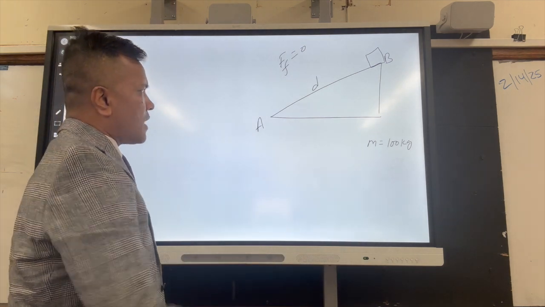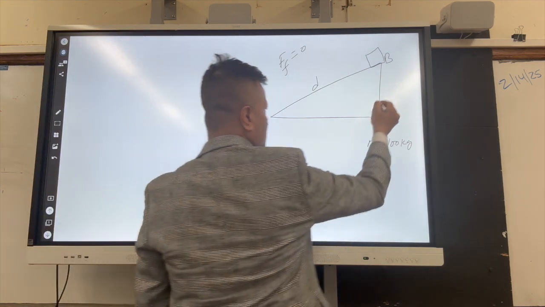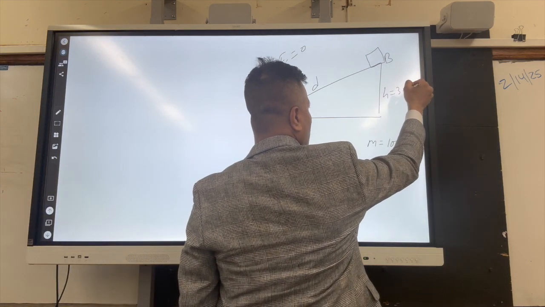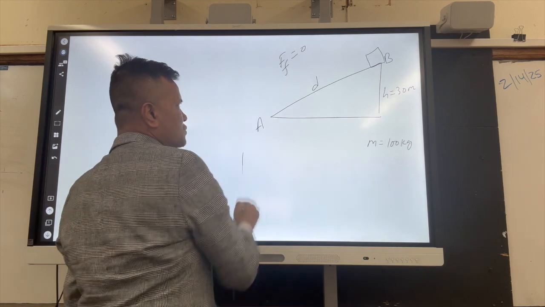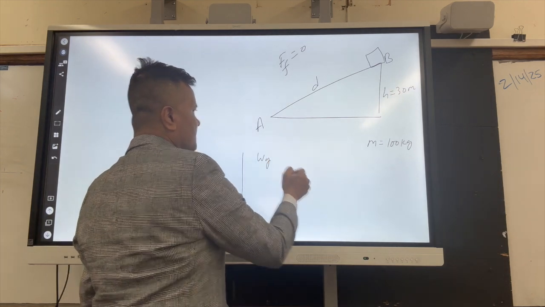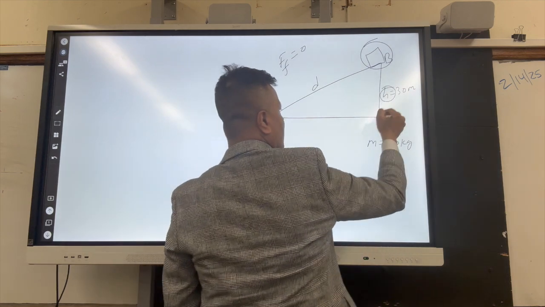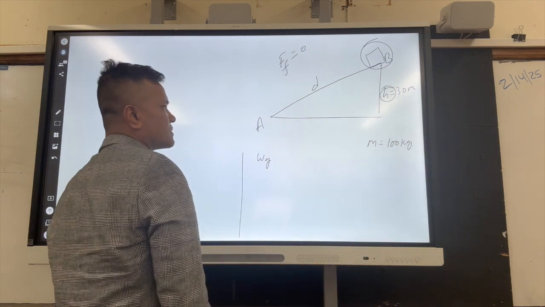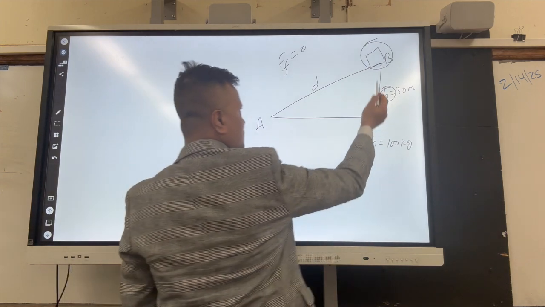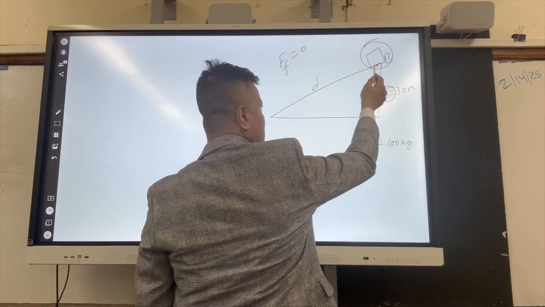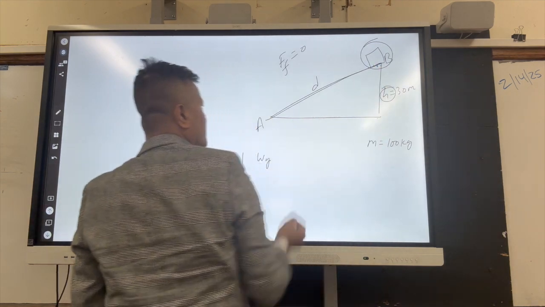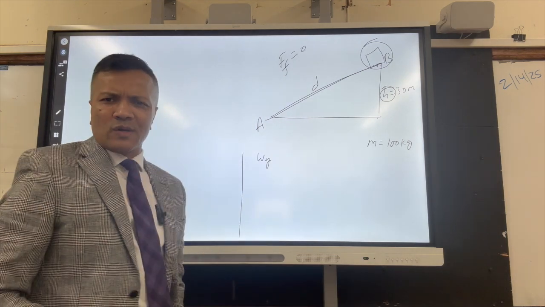So this is height h above the ground. My simple question is how much work is done on the mass as it slides from location B to location A.